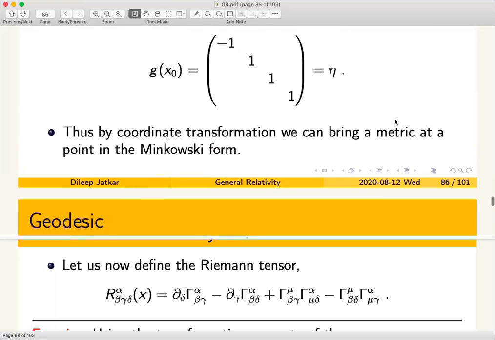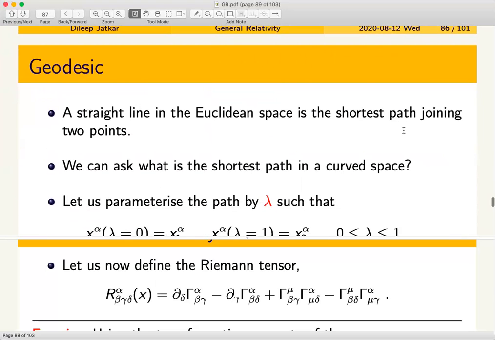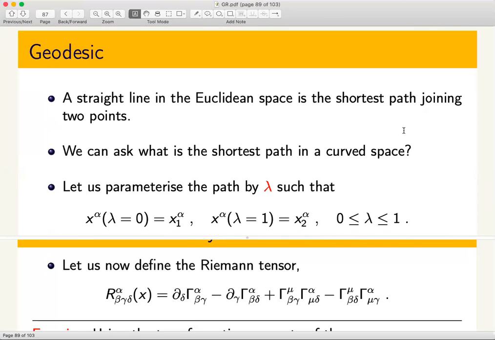Maybe we can go over to the discussion of the geodesic again. Remember, we have already written down the geodesic equation. We started off with a straight line equation, or a free particle equation in Minkowski space, and then we did an arbitrary general coordinate transformation, and asked what the conditions should be on the terms written in the equation if we want it to be form invariant under general coordinate transformation.